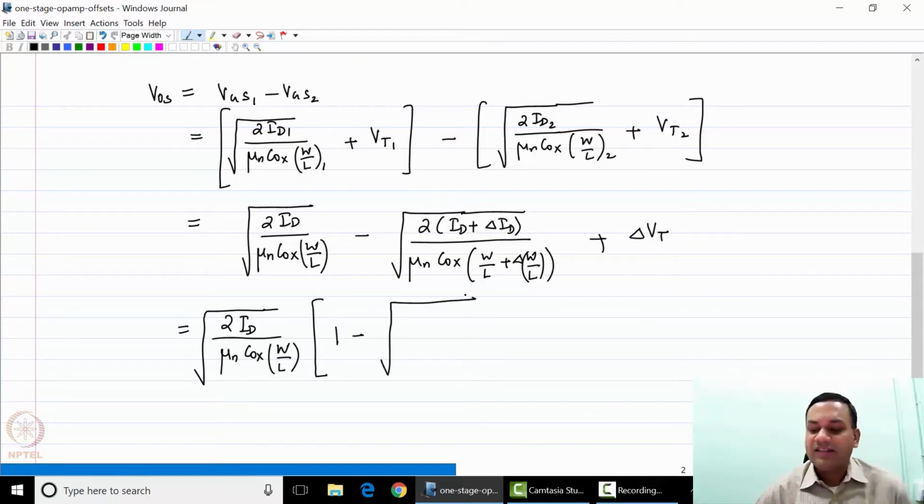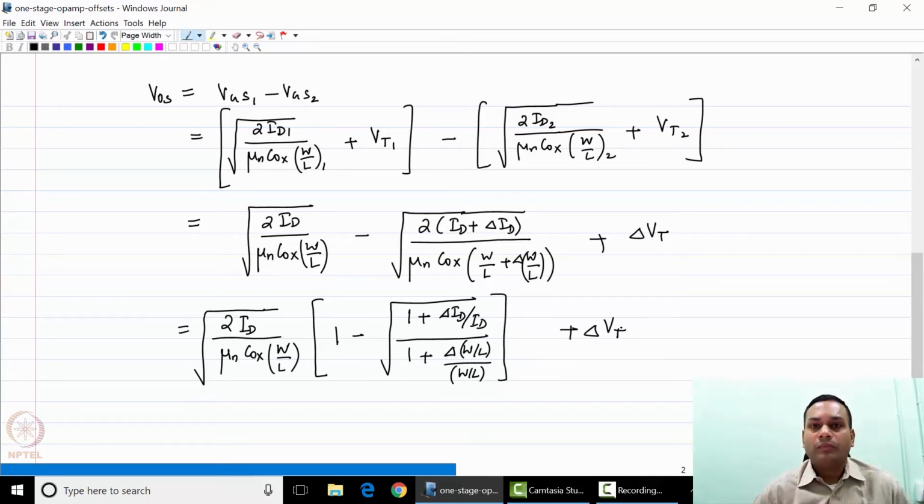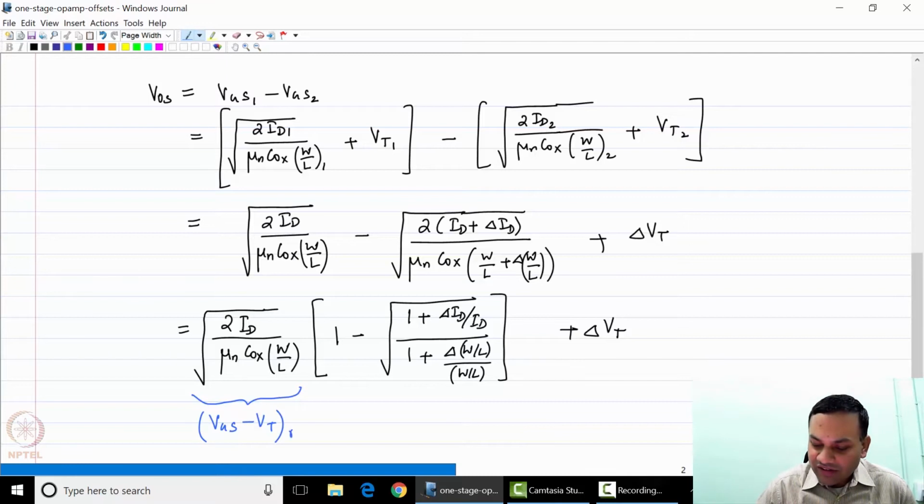So the second factor would be 1 plus delta ID over ID, over 1 plus delta W over L over W over L. So please note that this particular term here represents the nominal VGS minus VT, or VDsat, of the device.